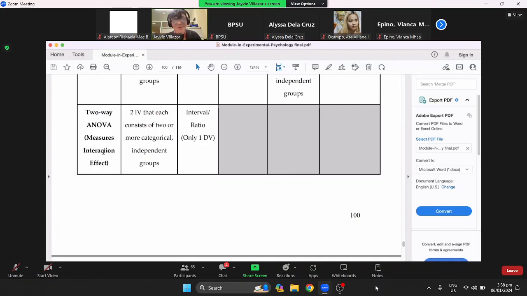The other independent variable is, okay, pwede nating sabihin is level of separation. Okay? Saan siya na-separate? Okay?